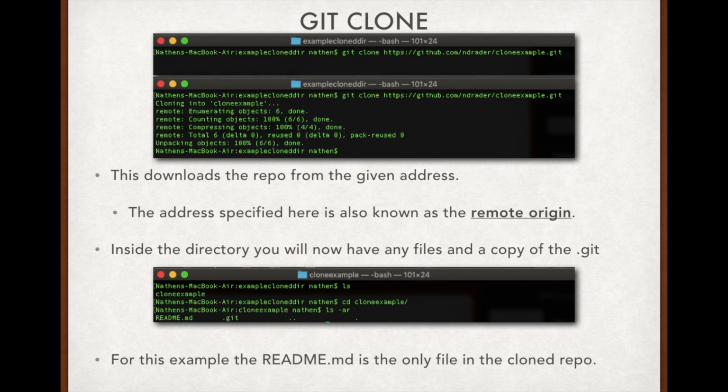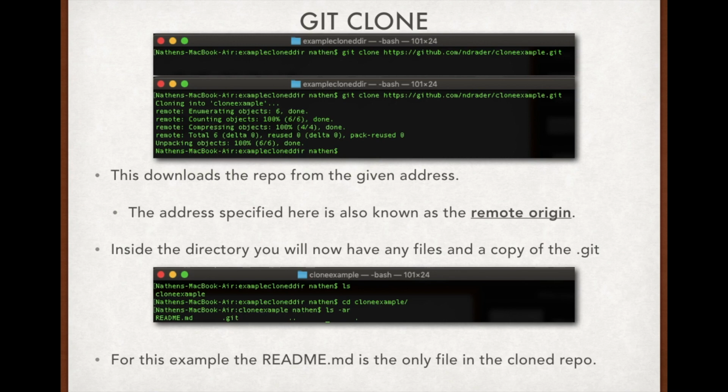Typically it doesn't take too long. On a larger repo it takes longer, but it's fairly simple. The address here is the remote origin, and there's a few ways to refer to it: remote or upstream. Through most of this I refer to it as remote.